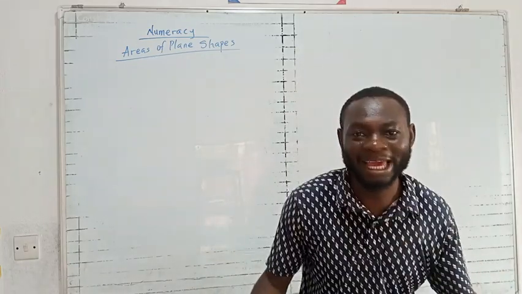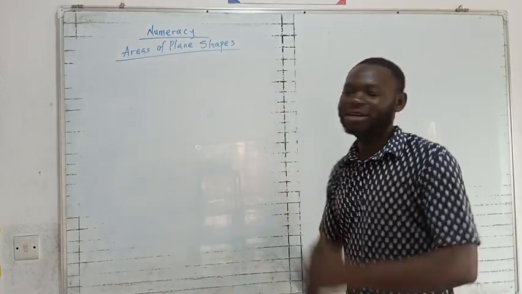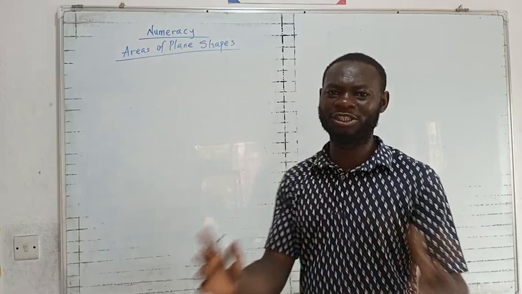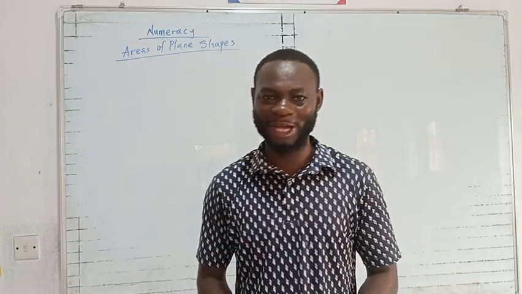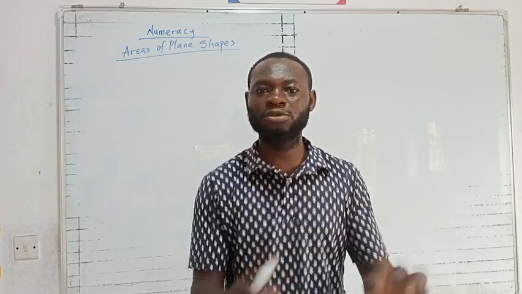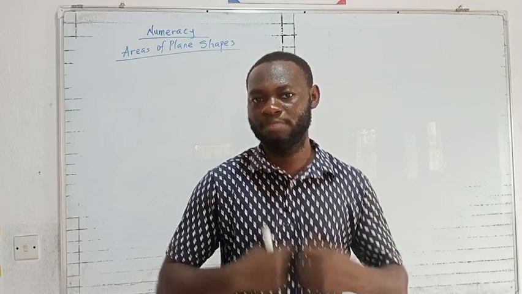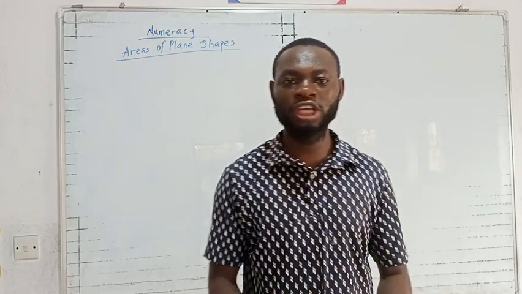Okay? Today, we are moving to another topic, areas of plane shape. We are trying to look at the calculation that involves plane shape. So we are concerning ourselves, for now, with two-dimensional shapes. So the calculation that involves two-dimensional shapes is both the perimeter of the shape and how to calculate the area of the shape.